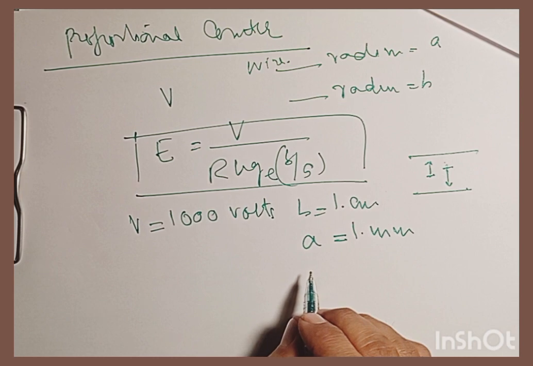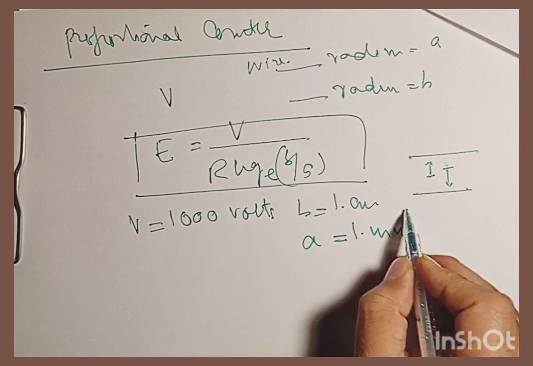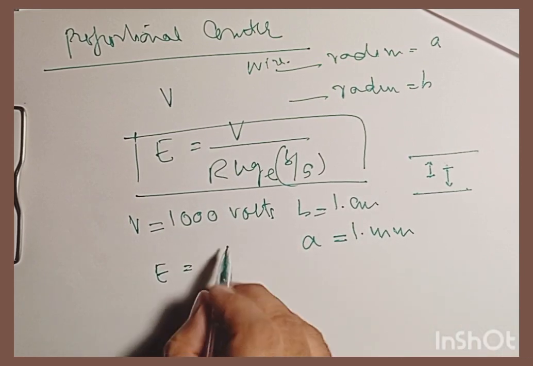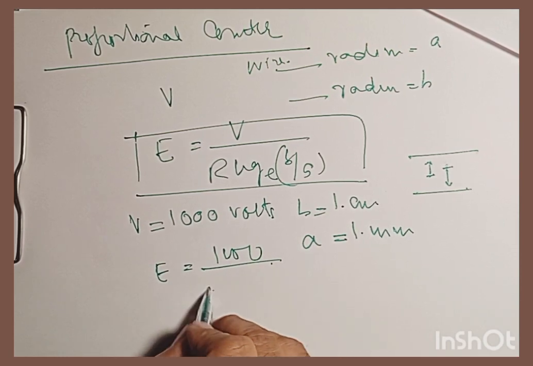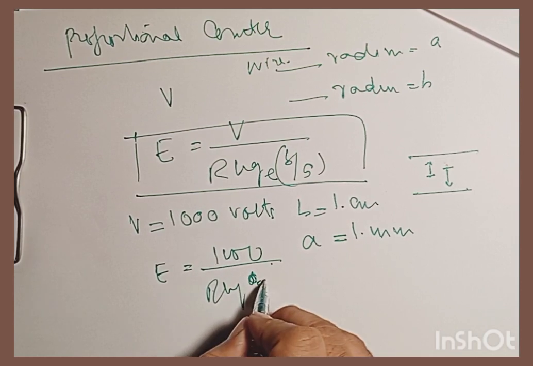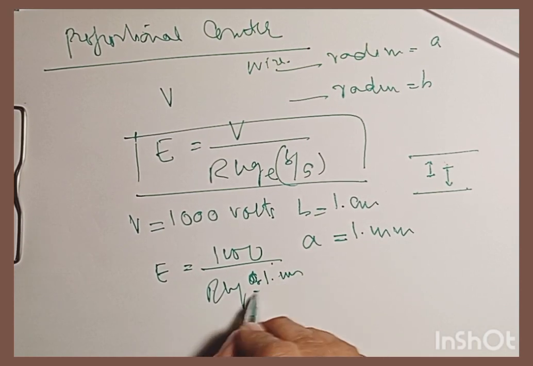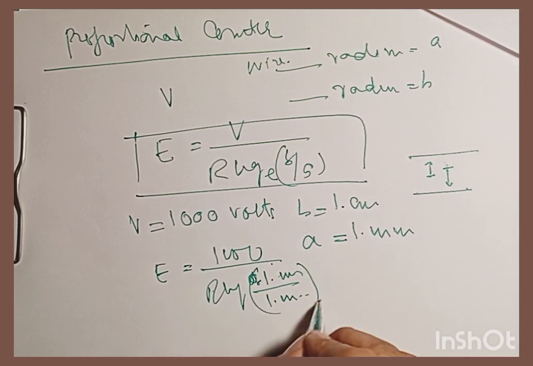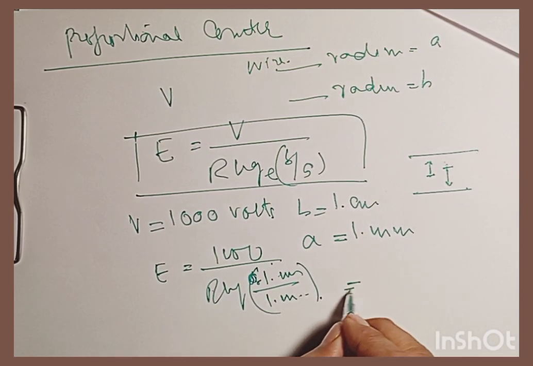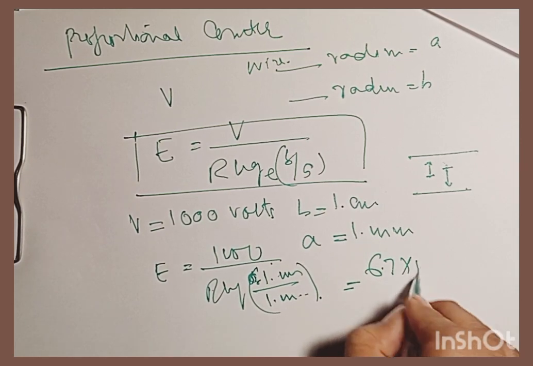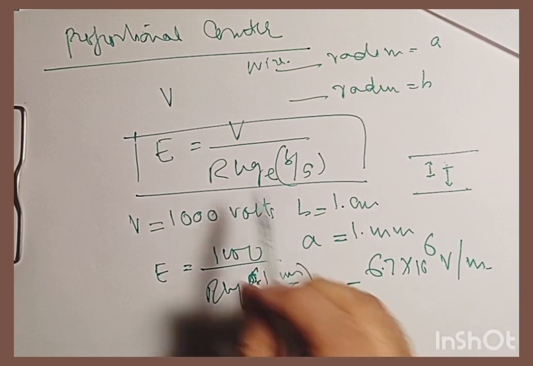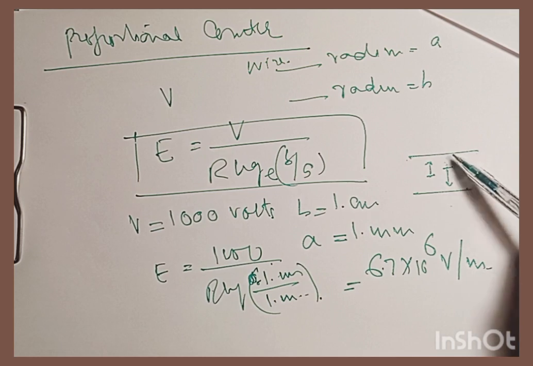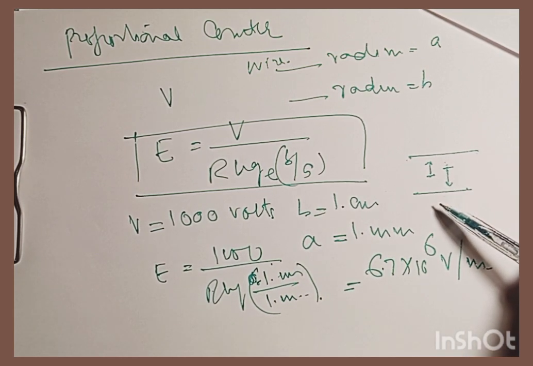So the field strength at the central wire can be calculated: 1000 by r log to the base e of 1 centimeter by 1 millimeter. The value that we get here is nearly 6.7 times 10 to the power of 6 volts per meter. So this much electric field is set up between the two electrodes inside the proportional counter.